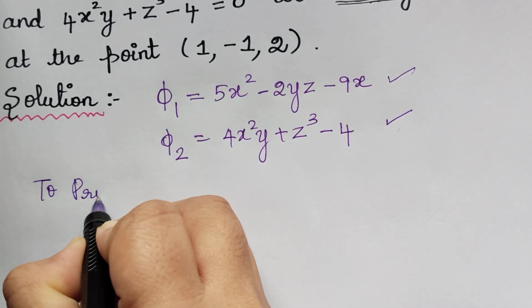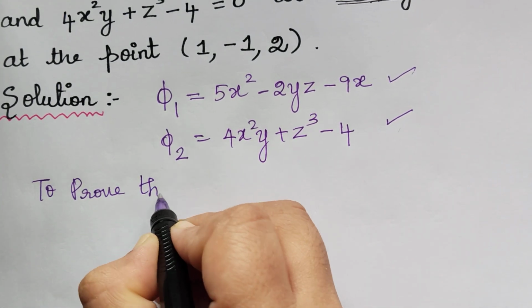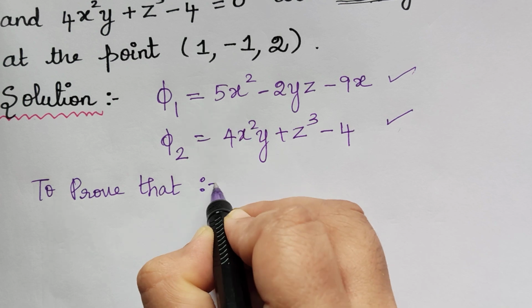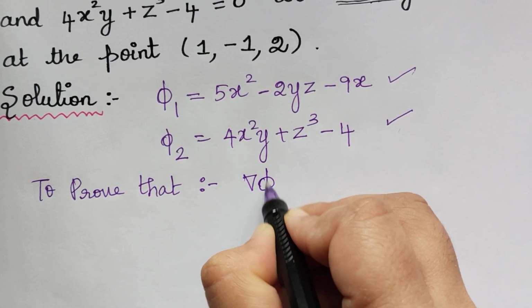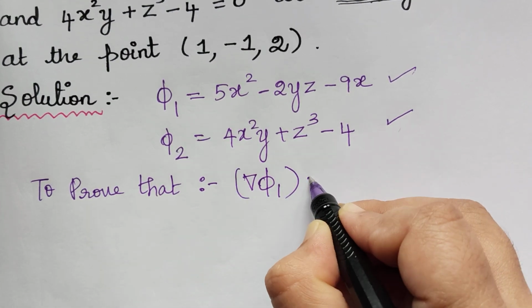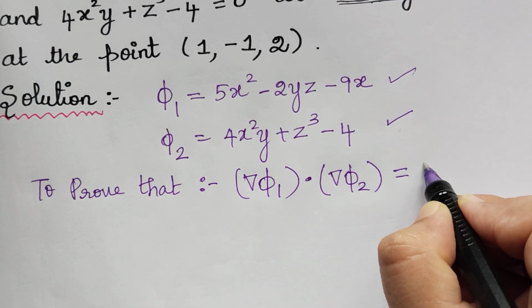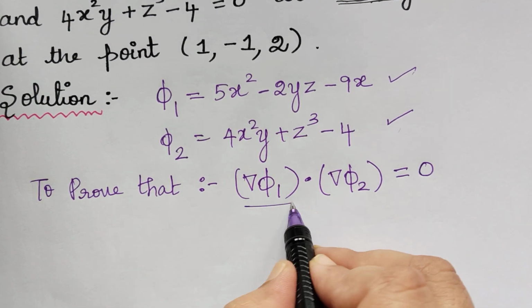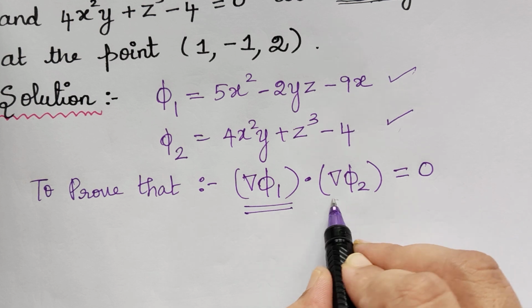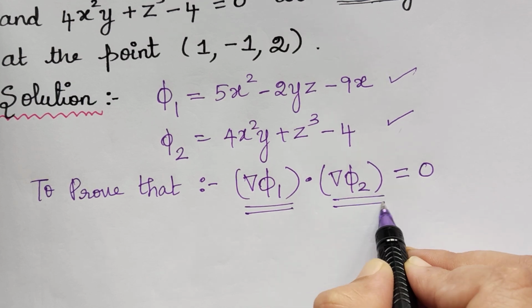In order to prove that they are orthogonal to one another, we have to prove that nabla phi 1 dot nabla phi 2 is equal to 0. For that, first we should find nabla phi 1 and then nabla phi 2.